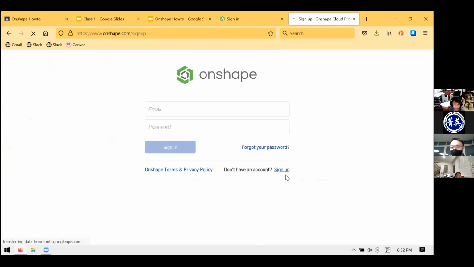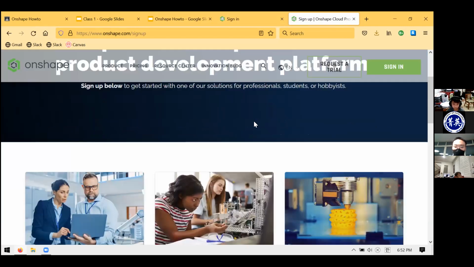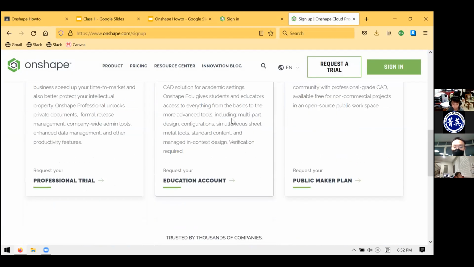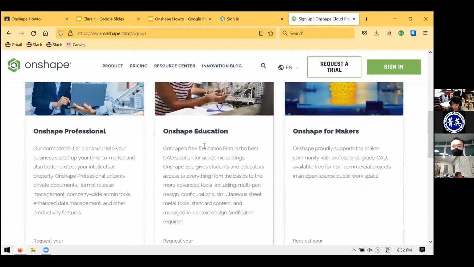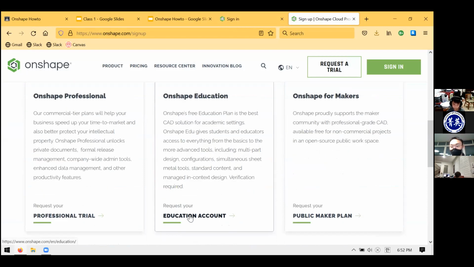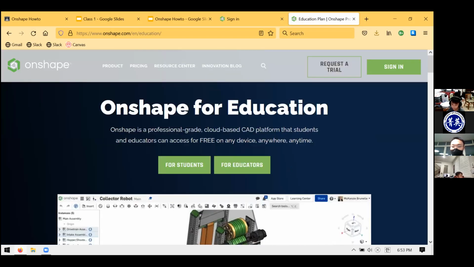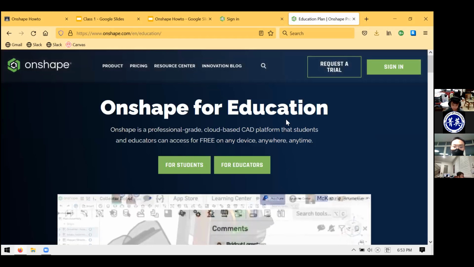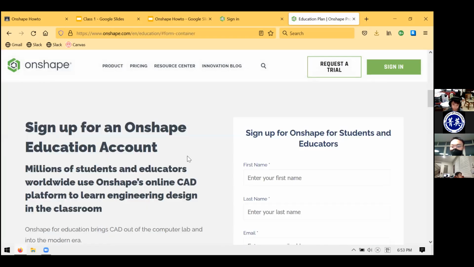What you'll click is the sign up link at the bottom right. These days the page looks like this. If you scroll down a little bit, you can see the Onshape Education option in the middle, and you can request the education account. What you'll click on is for students.